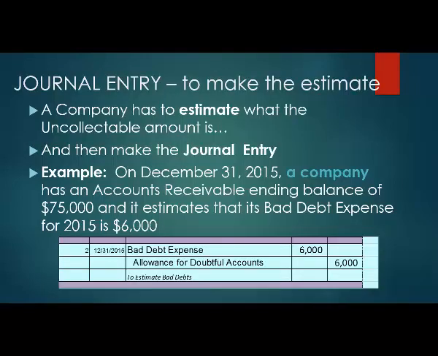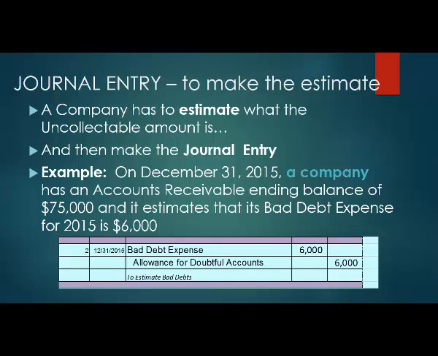So let's take an example. Let's say a company has to estimate what the uncollectible amount is. This is the journal entry to make that estimation. Let's assume that the total amount of accounts receivable is $75,000. And it estimates out of the $75,000, $6,000 of it is uncollectible. This is the journal entry to estimate the bad debt.